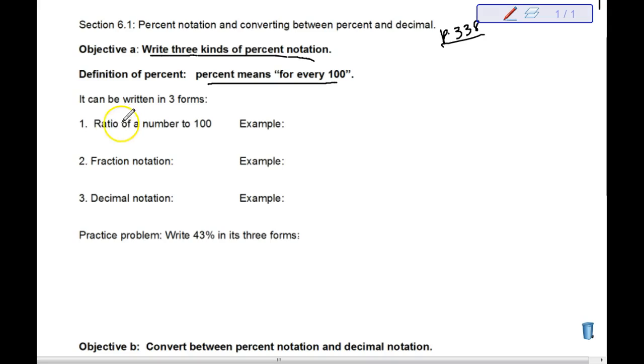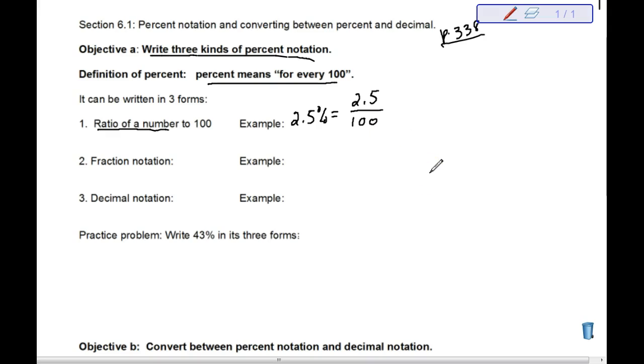So three forms. We have a ratio of a number to 100, and they show you this on page 339. N to 100 is n over 100. Let's say I have 2.5%, and so my n is 2.5. I want to write that in its ratio form. So 2.5 to 100. Looks like this. Looks suspiciously like a fraction, doesn't it?